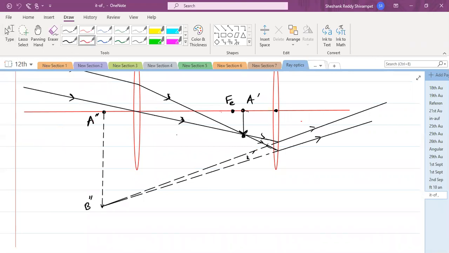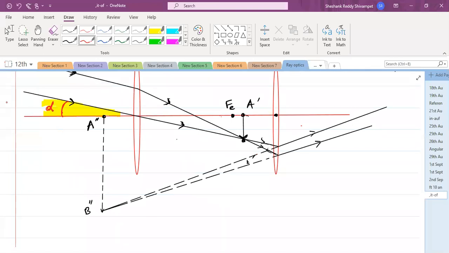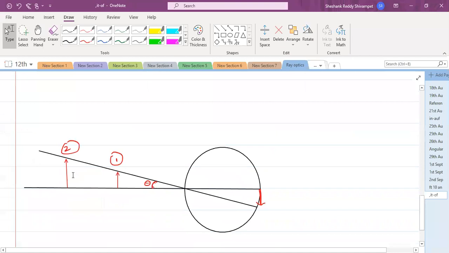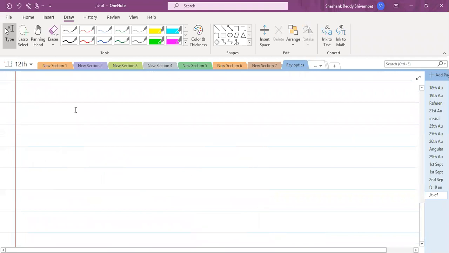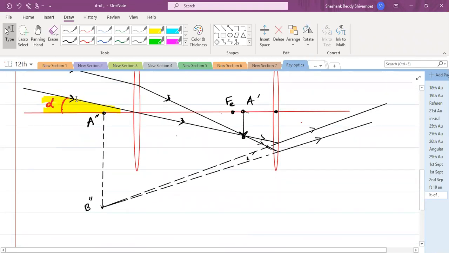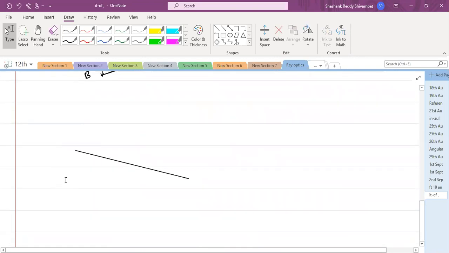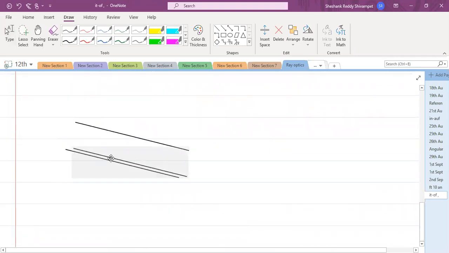So here first of all, what is the angle made by the incoming rays? यहाँ पे if I call this alpha, देखो यहाँ पे alpha. This is the angle made by the incoming rays. Yes or no? यही होगा ना? That's the angle made by the incoming rays. Let's suppose I just make use of these two parallel rays, okay.